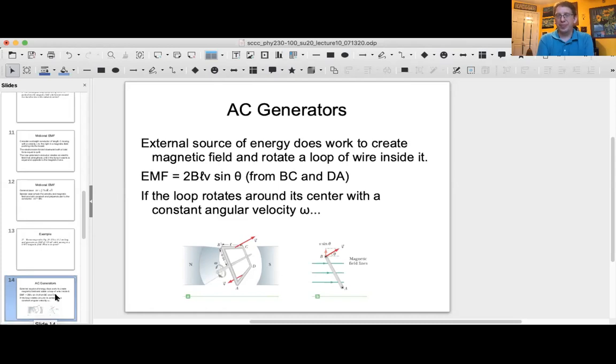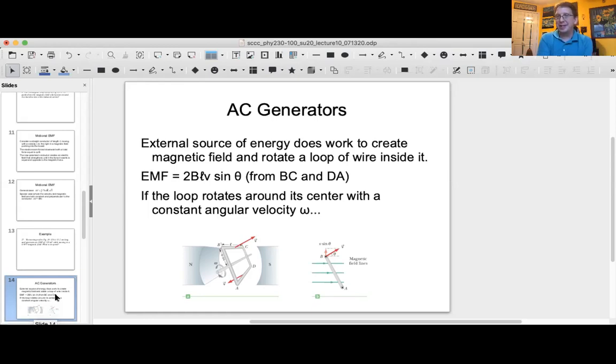Either you have direct mechanical motion from hydroelectric or from windmills, or you have heat that gets converted into mechanical motion by burning coal or natural gas to convert water into steam. And then as that steam expands, it does work. But in all those cases, you're turning a coil of wire within a magnetic field. As it rotates, its magnetic flux is constantly changing, constantly going from positive to negative.